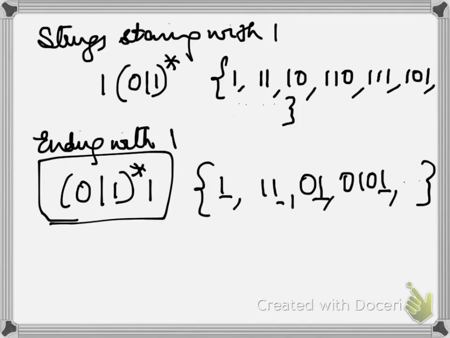We have seen starting with 0, starting with 1 and ending with 1. Let us look at strings that must have at least one 1, the symbol 1 at least one time.